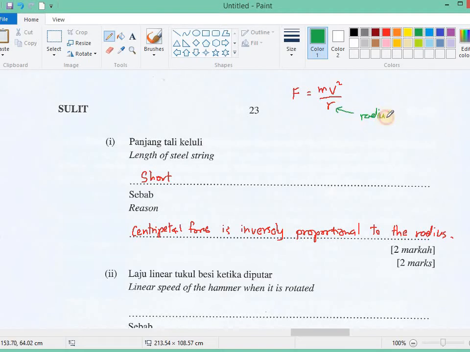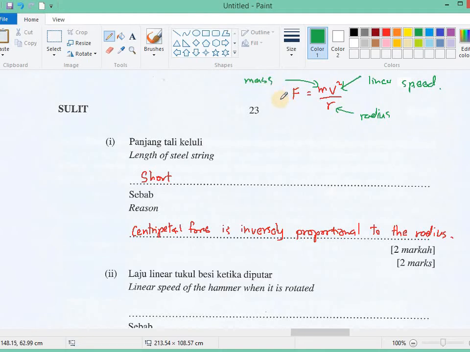This is the radius, this is linear speed, and this m is of course the mass of the object.